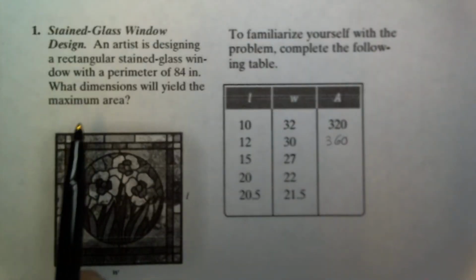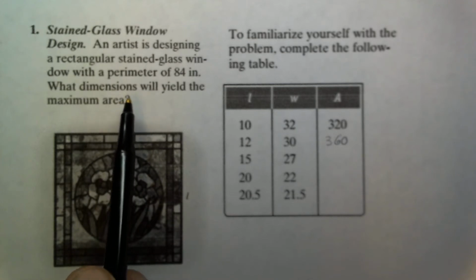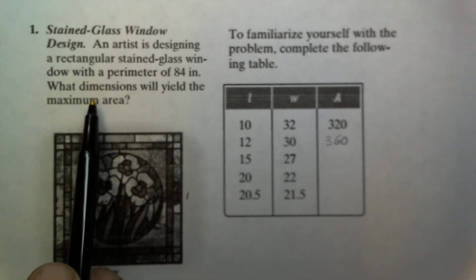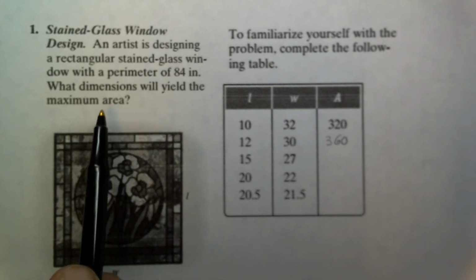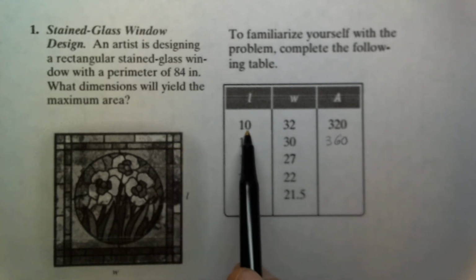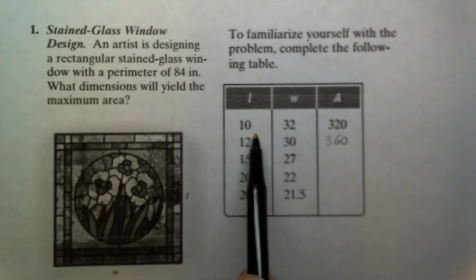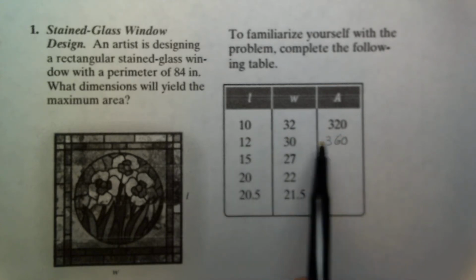So here we have a stained glass window, and an artist is designing that with a perimeter of 84 inches. And the question is, what dimensions will yield the maximum area? In other words, what length and width will yield the maximum area? Here's width and length. When we choose some values for L and W, 10 times 32 is obviously 320 square inches.